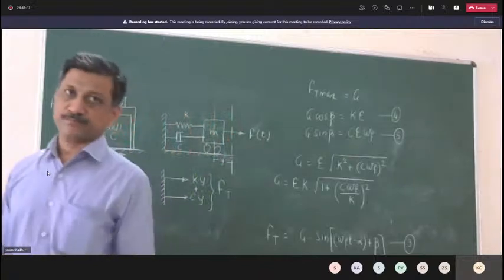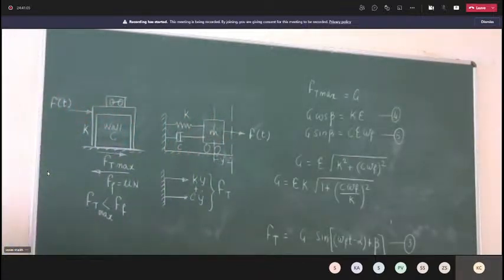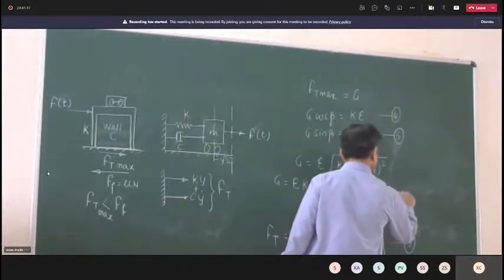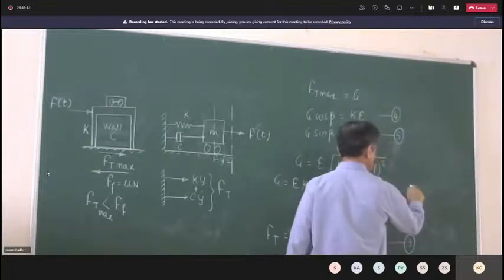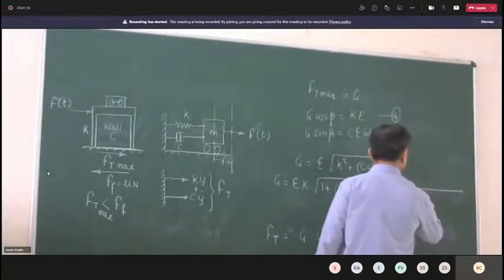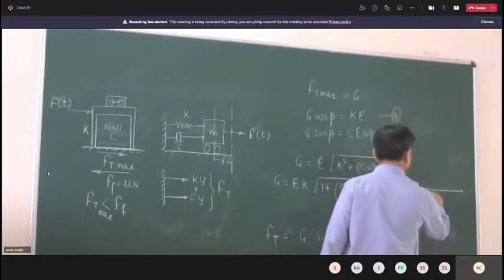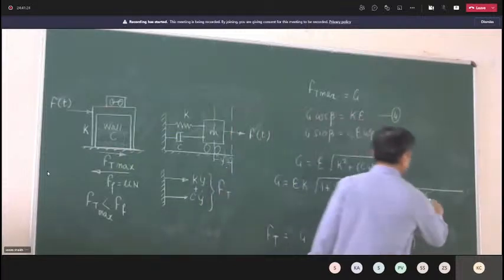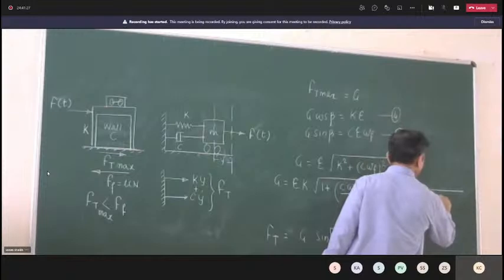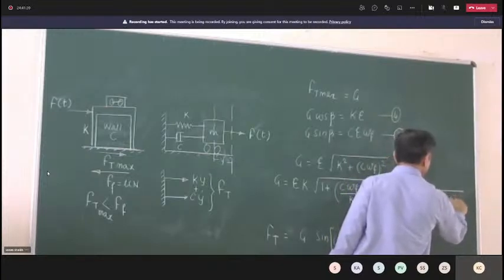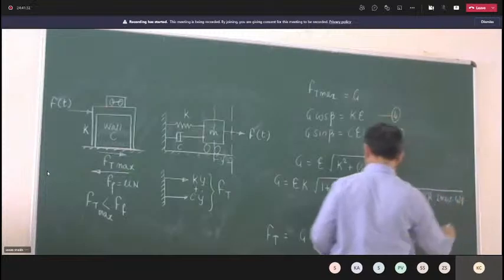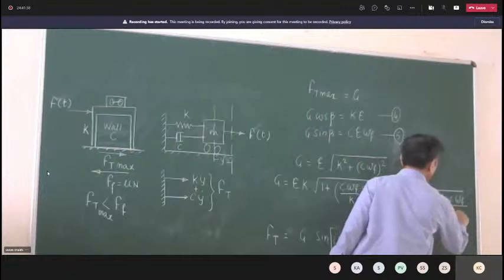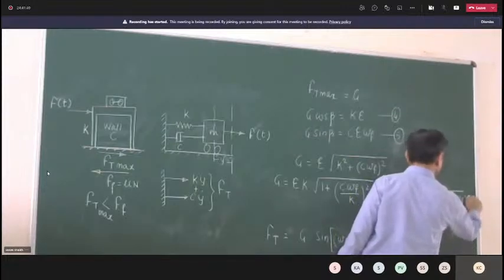Now taken K out. That is equal to E into K under root 1 plus C is R into CC. So R into CC is twice m omega into omega upon K is m omega square. All standard substitutions square.